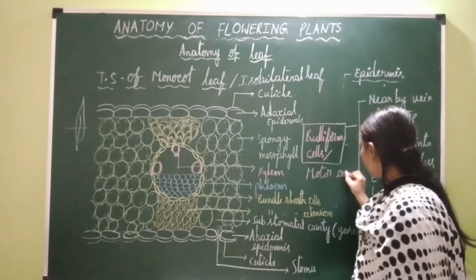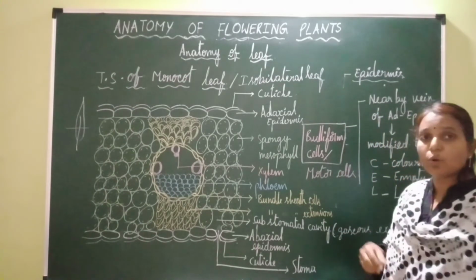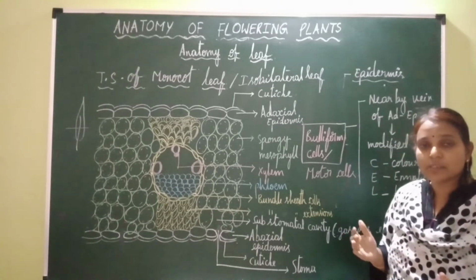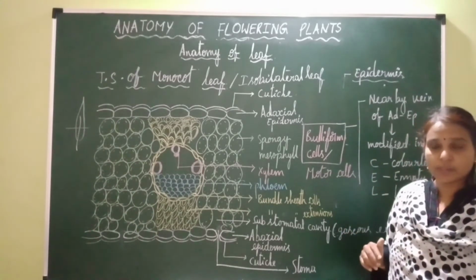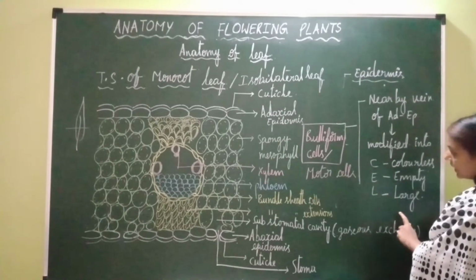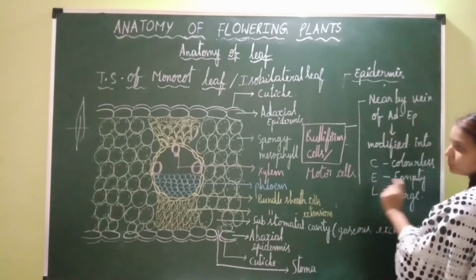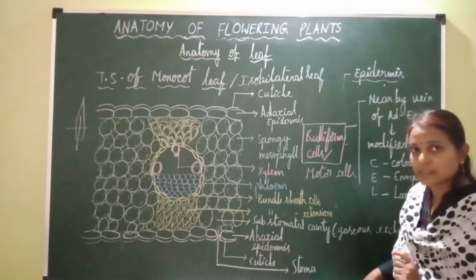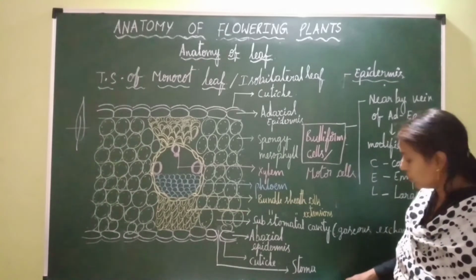These bulliform cells are modified from the epidermal cells. The epidermal cells nearby the veins of the upper epidermis are modified into colorless, empty and large sized cells called bulliform cells or motor cells. These cells are mostly present in the leaves of grasses. Grasses belong to monocots.